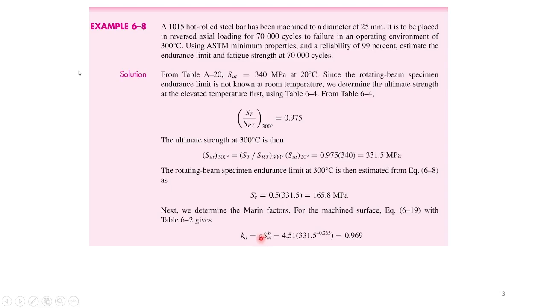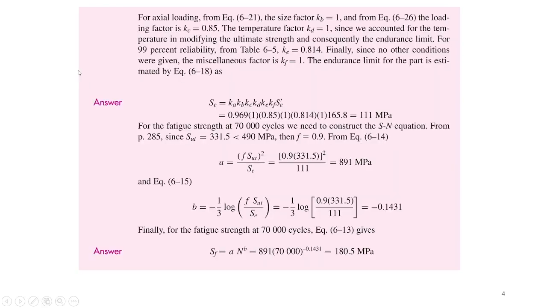Okay, so these two AB here that are used to calculate the surface finish modification factor are totally different from the A and B in the SF equation. Okay. Anyway, so here I will calculate the KA. For axial loading, I know that there is no size effect.